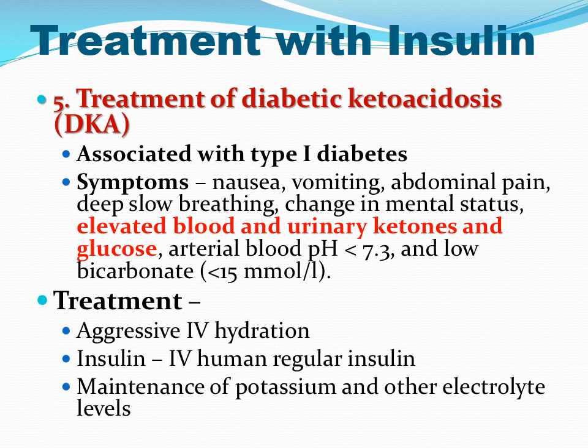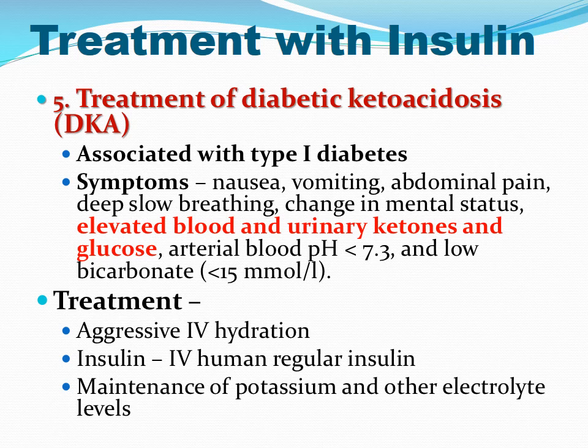Diabetic ketoacidosis, or DKA, is usually associated with type 1 diabetes. Symptoms include nausea, vomiting, abdominal pain, deep, slow breathing, change in mental status, and elevated blood and urinary ketones and glucose. Arterial blood pH is less than 7.3 and bicarbonate level is low, less than 15 millimole per liter.